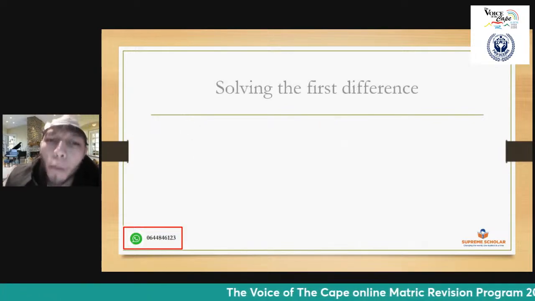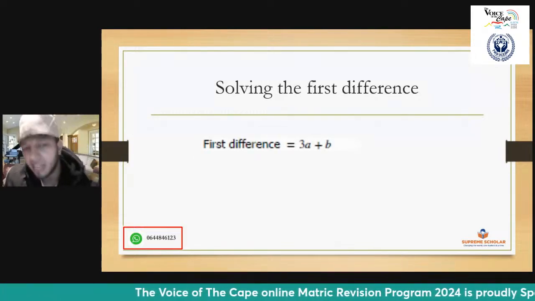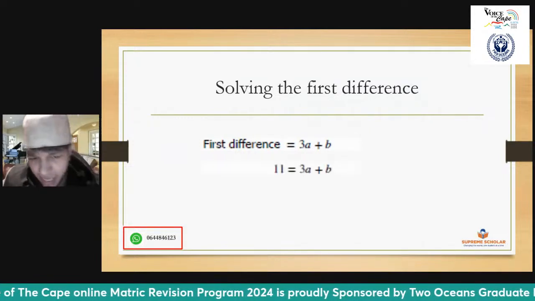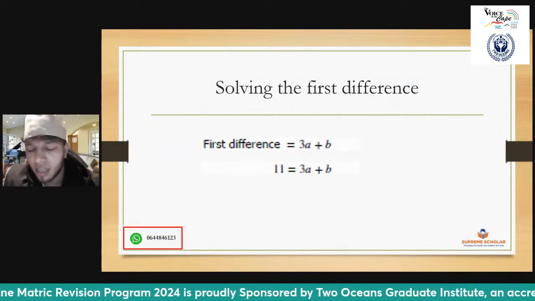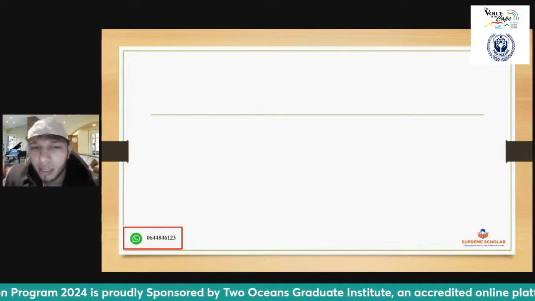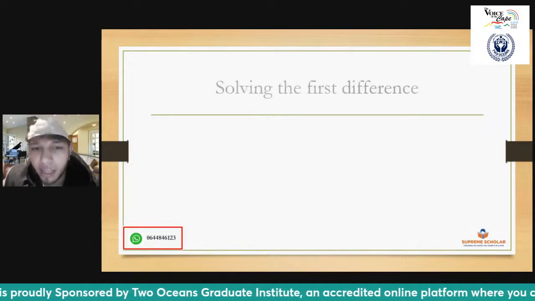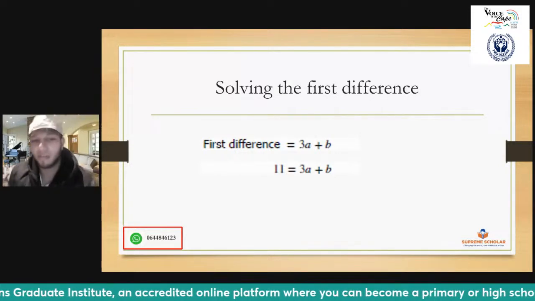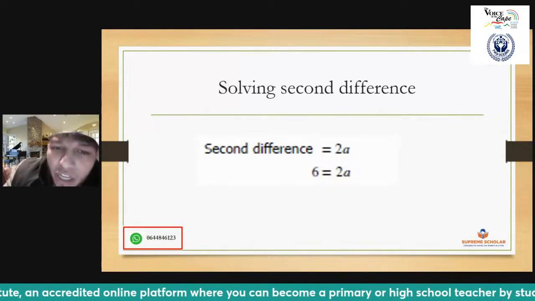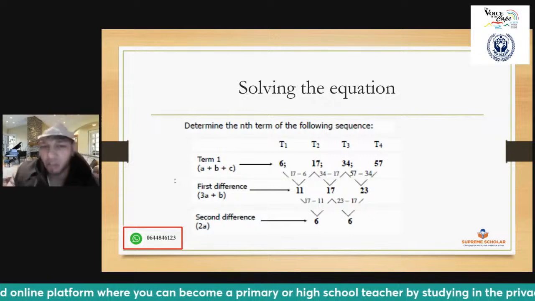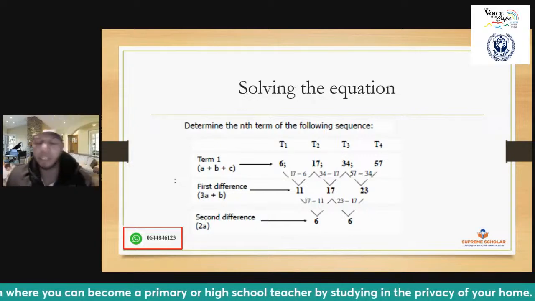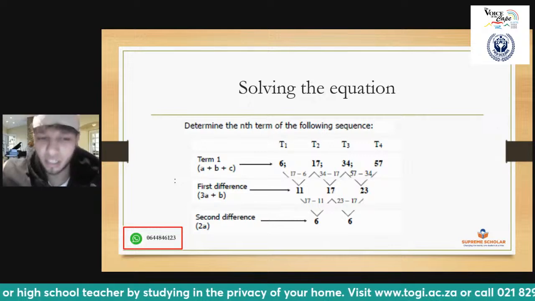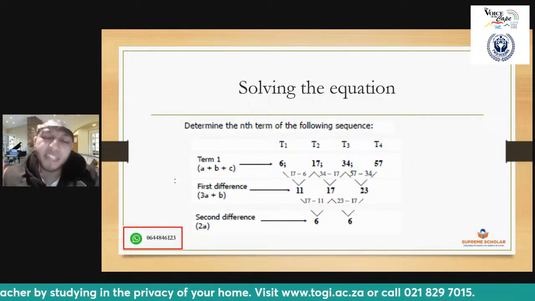Our value of A is 3. Now, the first difference is 11. You always take the first value of the first difference. You always take that one.